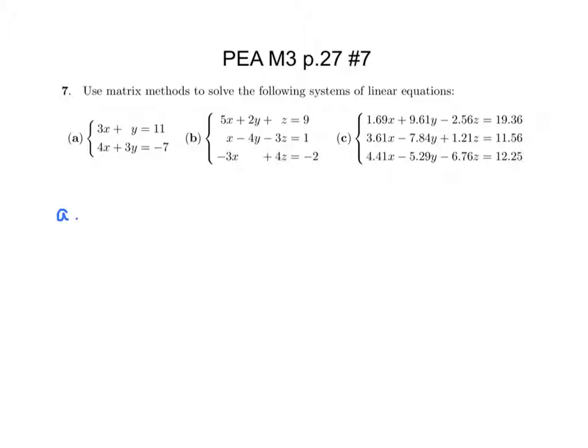So for A, you'd have a 2 by 2 matrix, and this is what you have to do on a test, like our quiz, to show your work. So what would be your 2 by 2 matrix for the left side of A? It would be 3 and 4. 3.